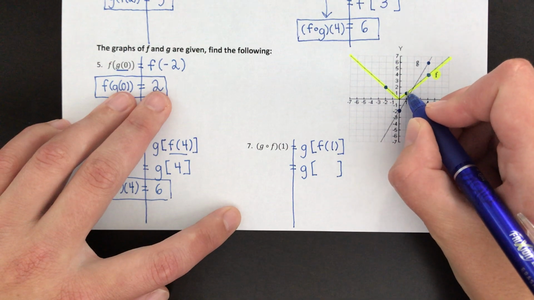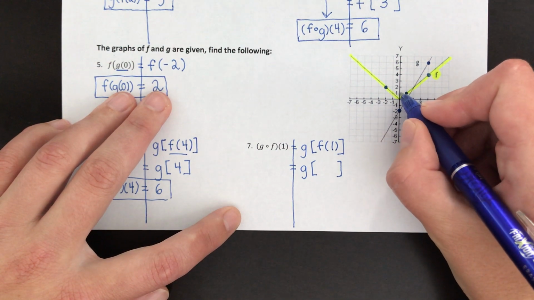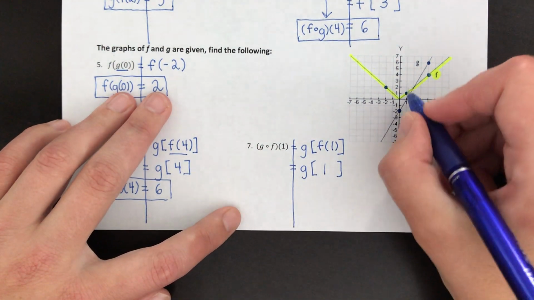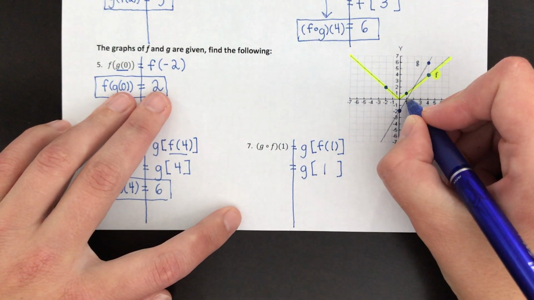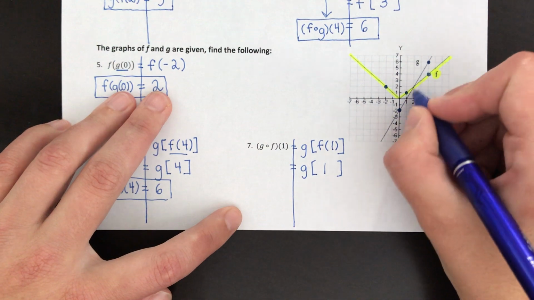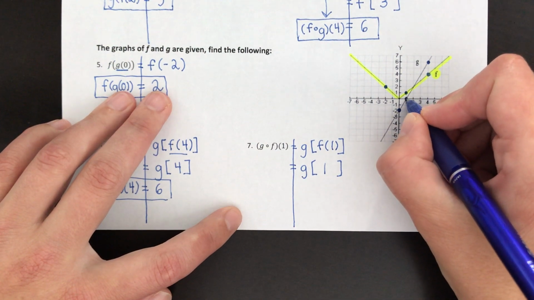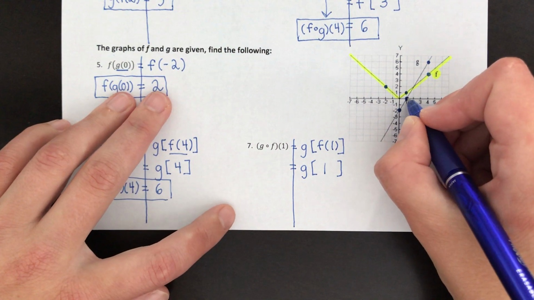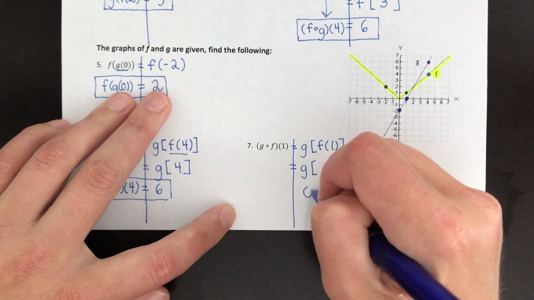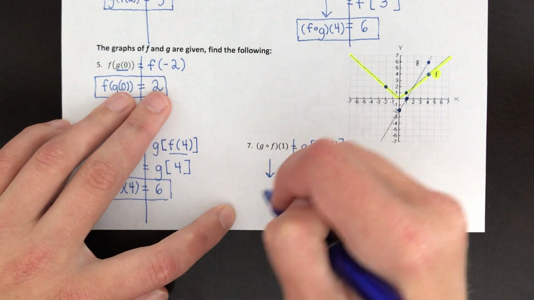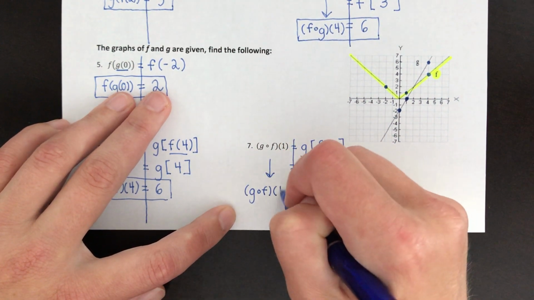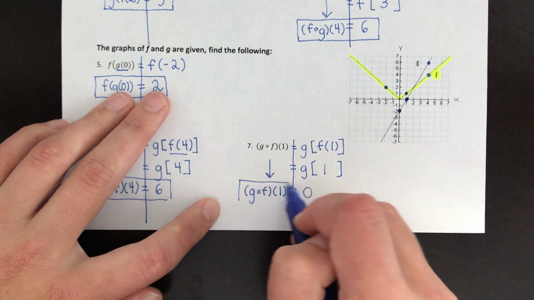So when my x value is 1, what's my y value? It's also 1. Okay, and then I need to find G of 1. So here I am at the input of 1, and I want the G graph this time, so that's this straight line, so that's this point right here. What's my output here? What's my y value of my coordinate? It's 0. So G composed of F of 1 equals 0.